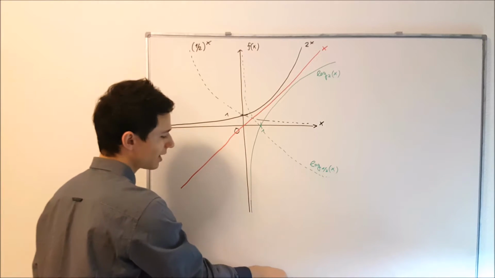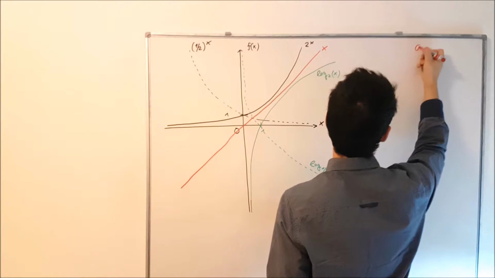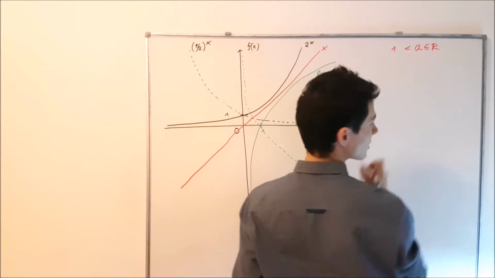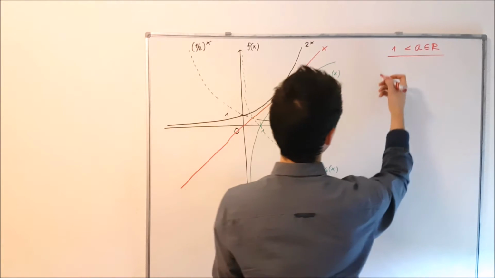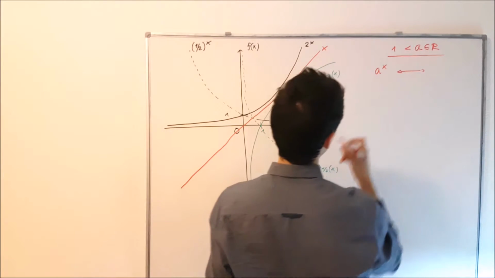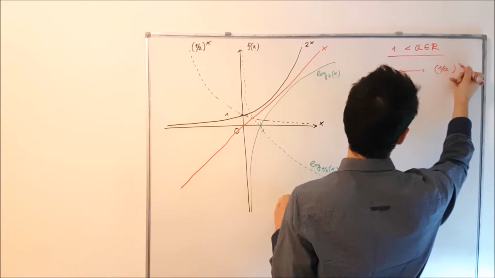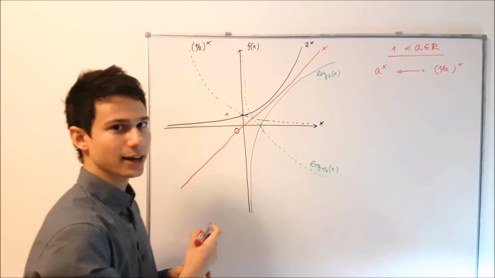So it's a similar trick to getting from 2 to the power x to 1/2 to the power x. So let's just write down all these tricks. Let's say we have a base a that is real and greater than 1 in this case. Then in order to get from a to the power x to the graph of 1 over a to the power x, you would mirror the function at the y-axis.